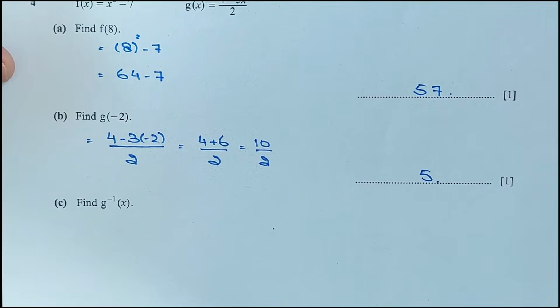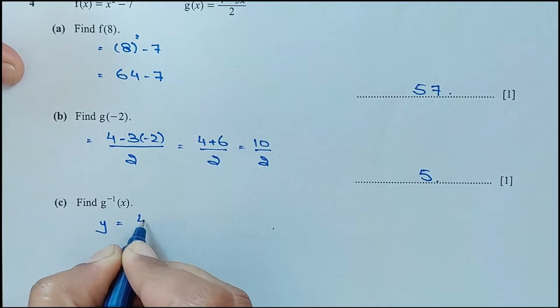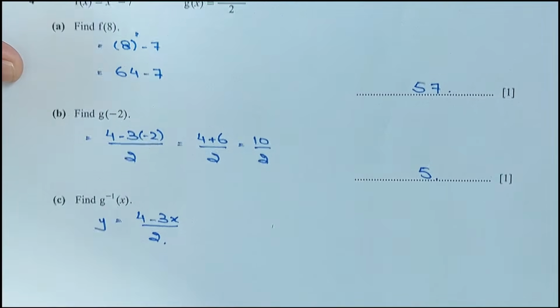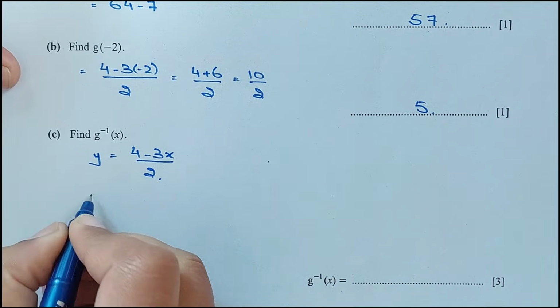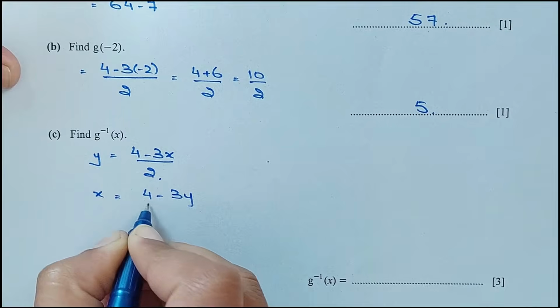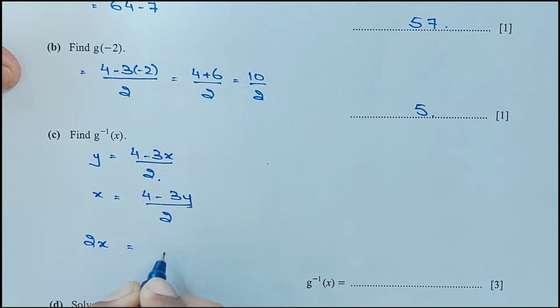Now for part C, find g inverse of x. For g inverse of x, we put y equals g of x, which is (4 minus 3x) over 2, right? And then switching the variables, we have x equals (4 minus 3y) over 2 and solving for y. So 2x, cross multiplication, equals 4 minus 3y.